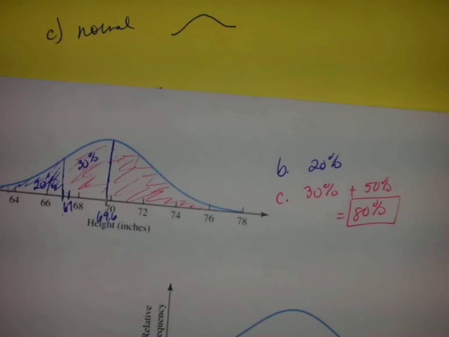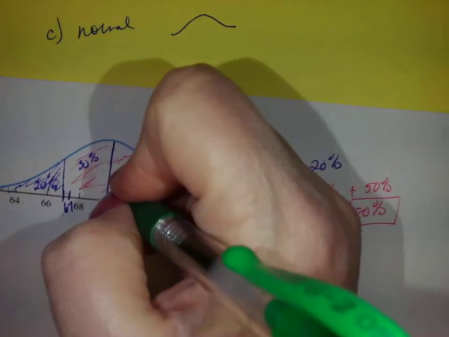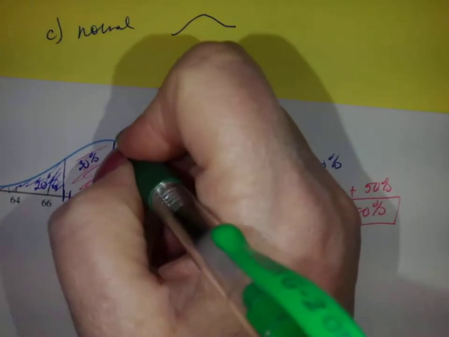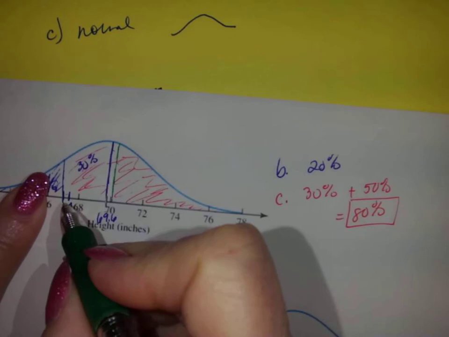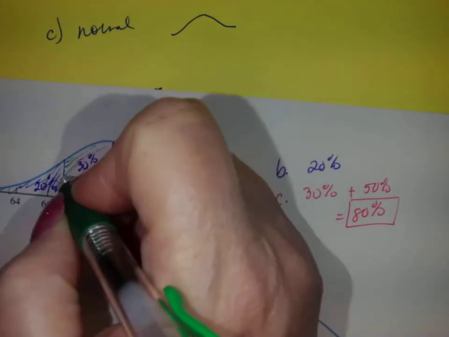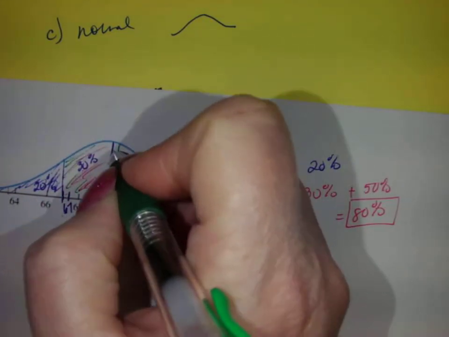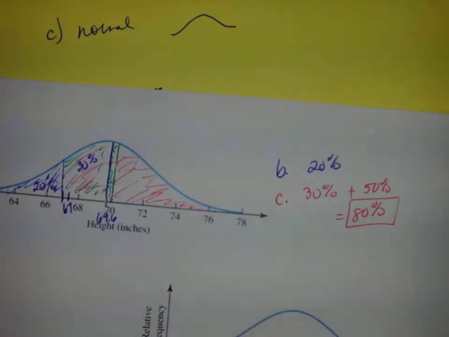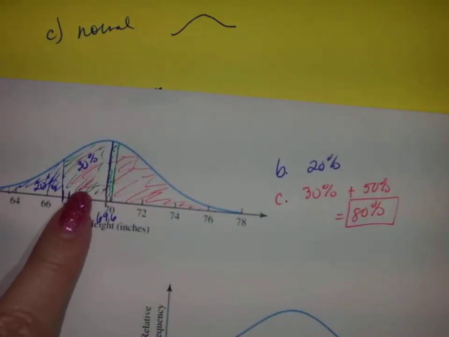All right, so between 67 and 70. This is 70 right here, and I want that area between 67 and 70. So I'm looking at this area right in here plus this area. So the parts where I've now marked it in green.